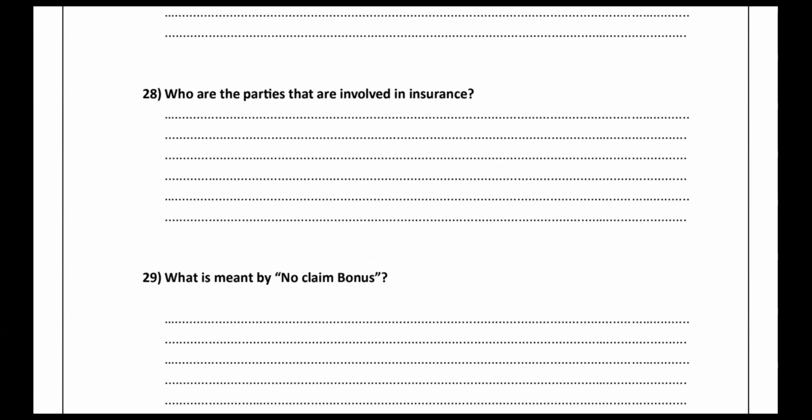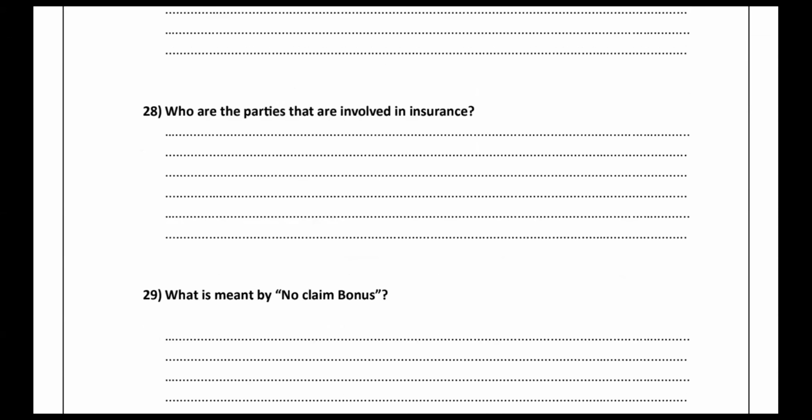And here, who are the parties that are involved in insurance? I already said that: the first party is the insured, the second party is the insurer, and the third party. Okay, I'll tell you an instance. Mr. Pereira has insured his car in Selinco Insurance PLC. His car met with an accident and a public wall was also damaged.